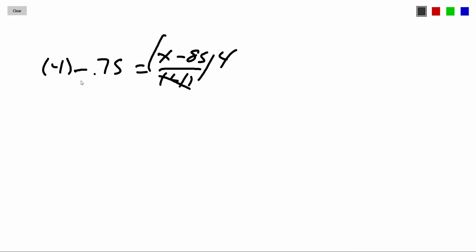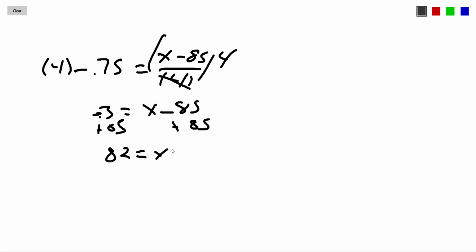And so 4 times negative 0.75 is negative 3 equals x minus 85. Again, we want to solve for x. It should be plus 85. Negative 3 plus 85 equals 82, which is equal to x.